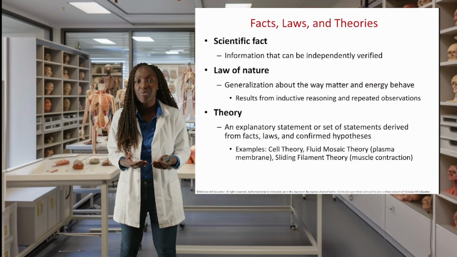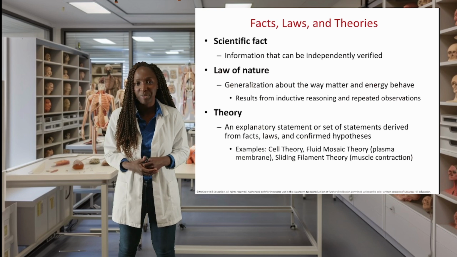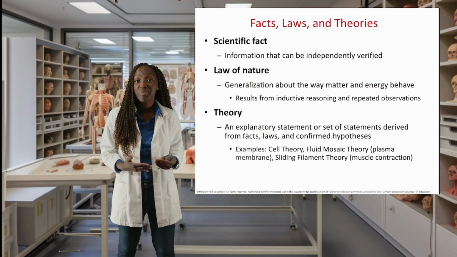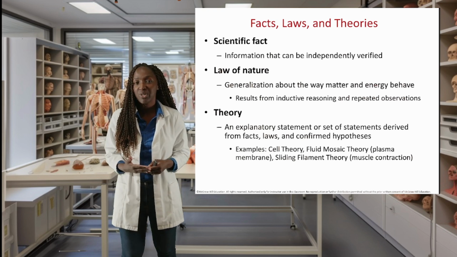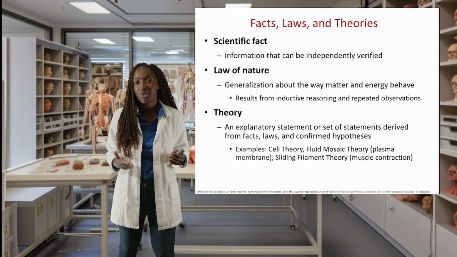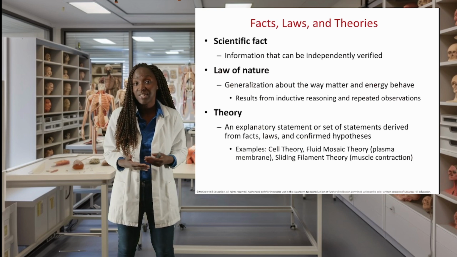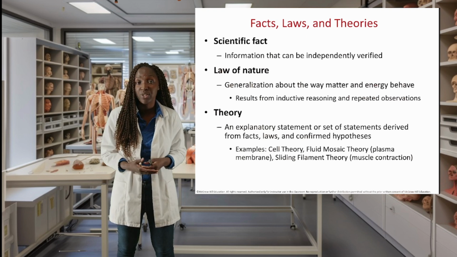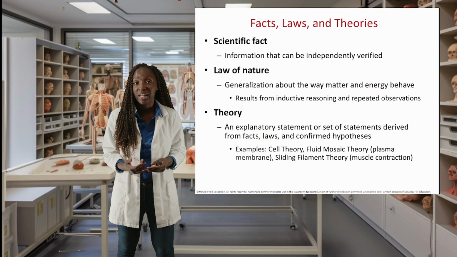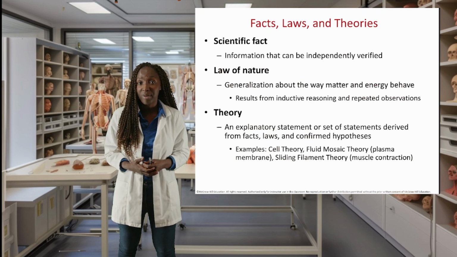And these results come from inductive reasoning and repeated observations. If we call something a theory, that is an explanatory statement or set of statements derived from facts, laws, and confirmed hypotheses. And there are many of these theories that we're going to look at as we move through the semester, like the cell theory, the fluid mosaic theory, or the sliding filament theory when we talk about muscle contraction.